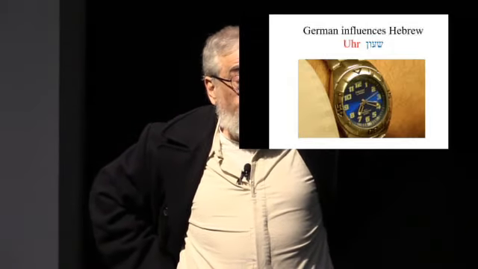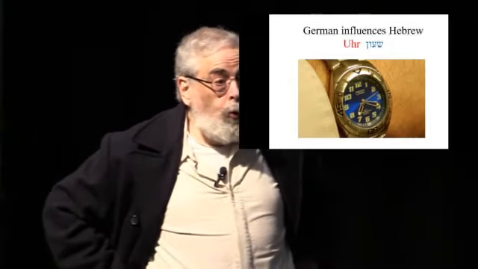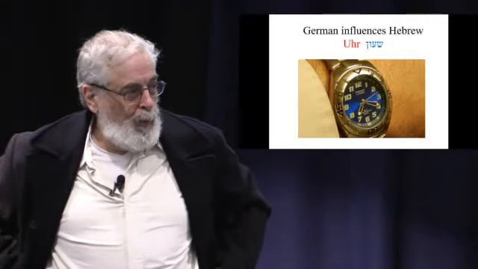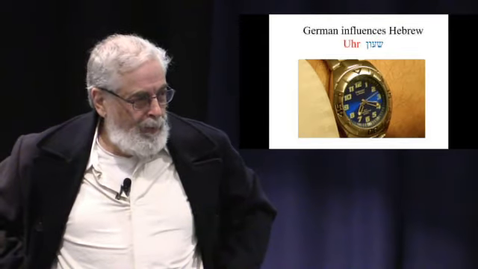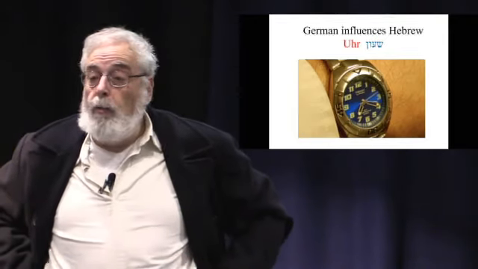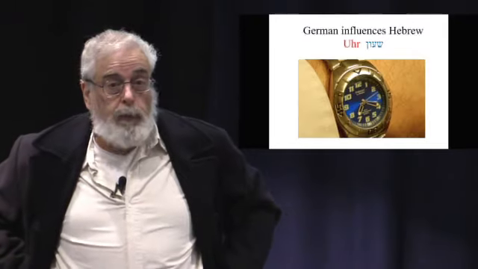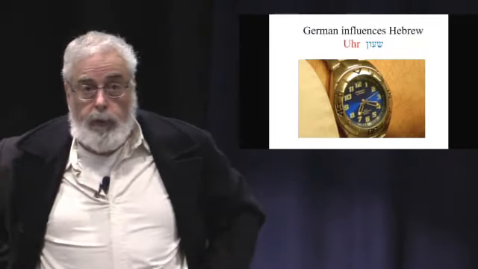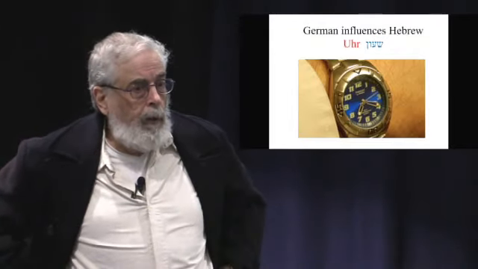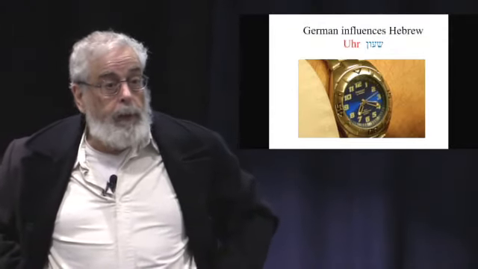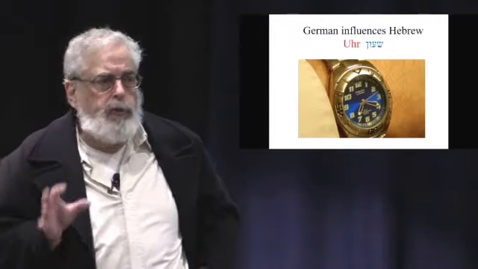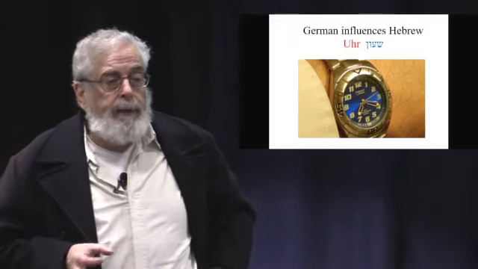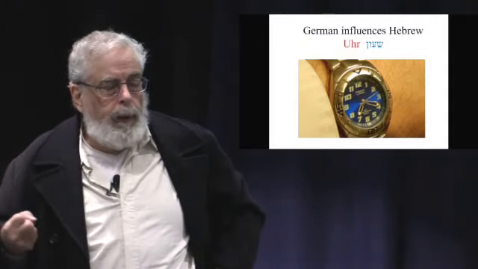In German, it's called Uhr. Uhr means an hour and a watch. The same word. Now, in Hebrew, they took this idea that the watch is showing the hour, and in the beginning, the German Sha'ah. Sha'ah means an hour in the Bible. Sha'ah. But they didn't want to.